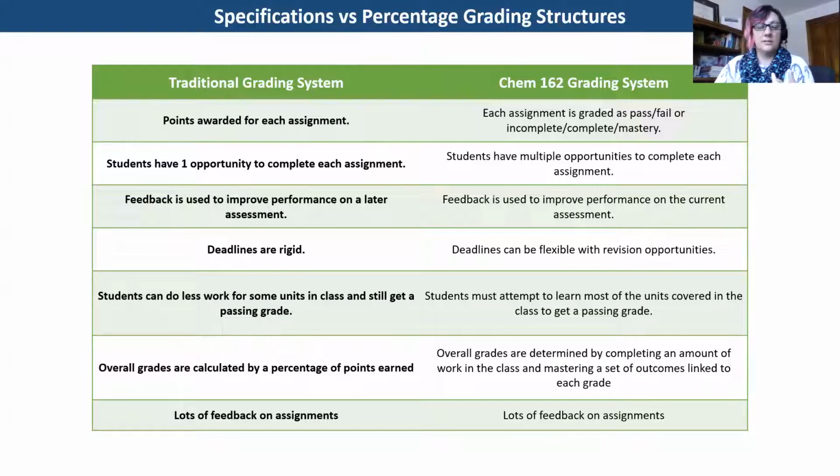With the revisions, we inherently have flexibility built into our deadlines, so they aren't as rigid, and you won't be revising your knowledge or working to improve your understanding of something for some assignment at the end of the quarter. You'll be doing it for that assignment right away.